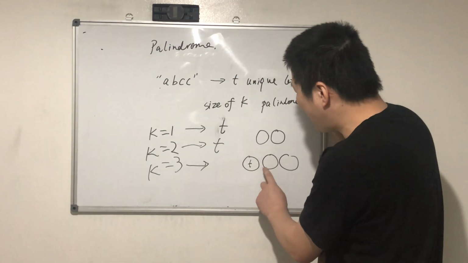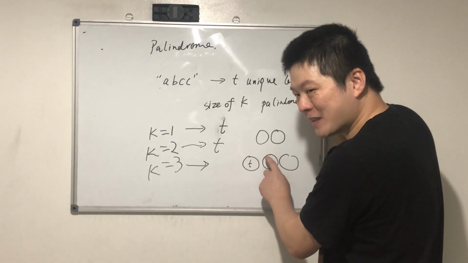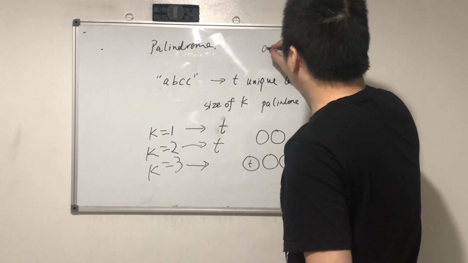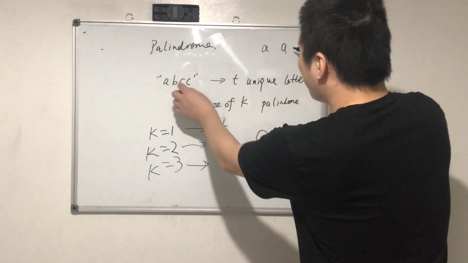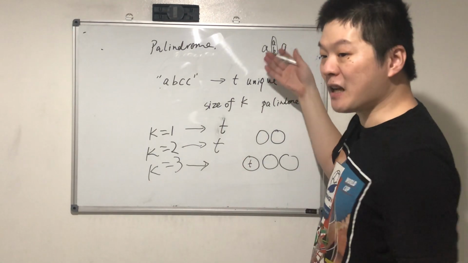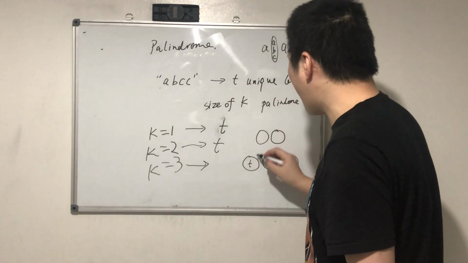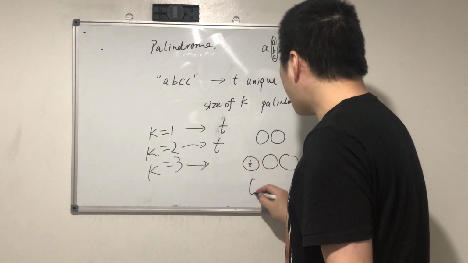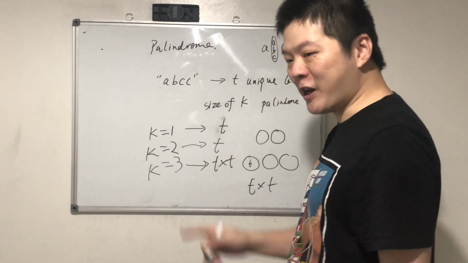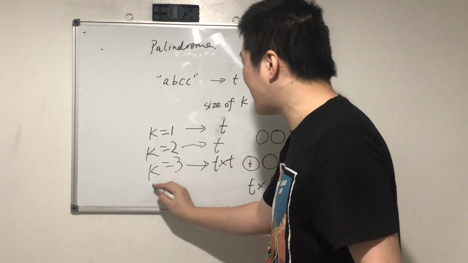It means I can put how many choices here? 3. You can put A, B, or C in the middle, and it's still a palindrome, right? So each one, T times T, 9. Well done. How about K equals 4?